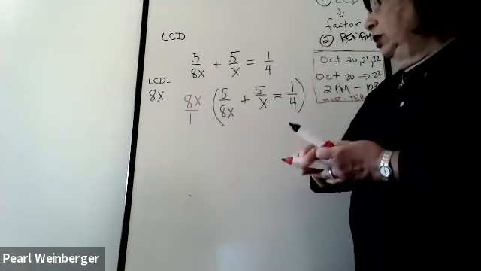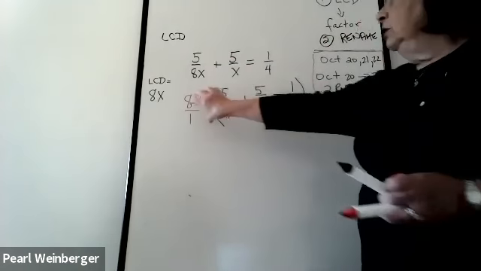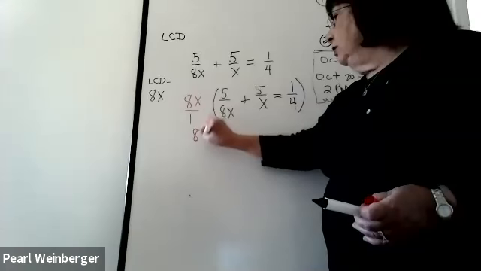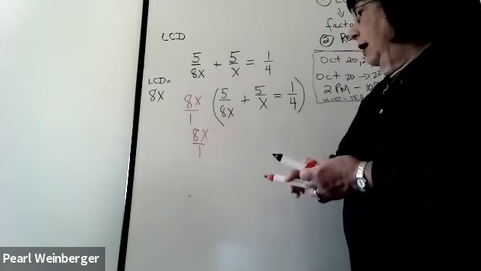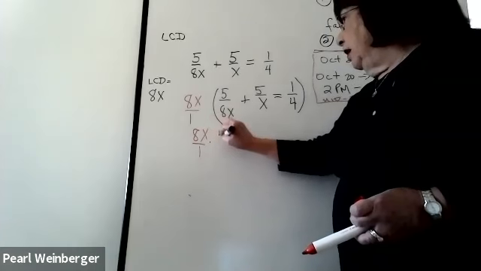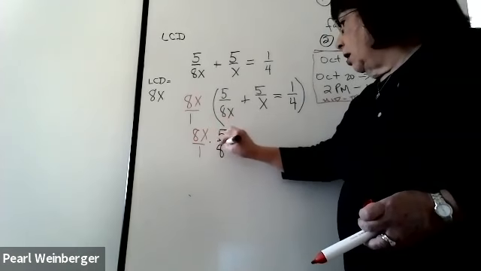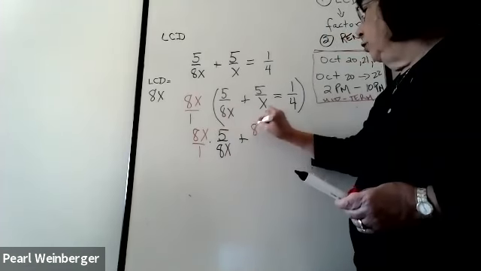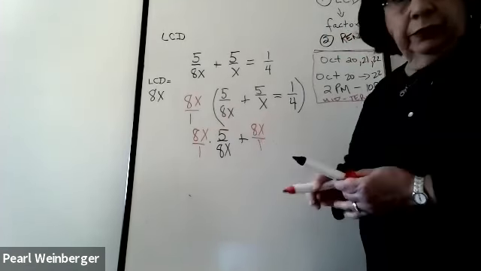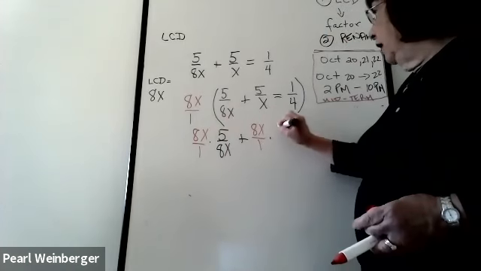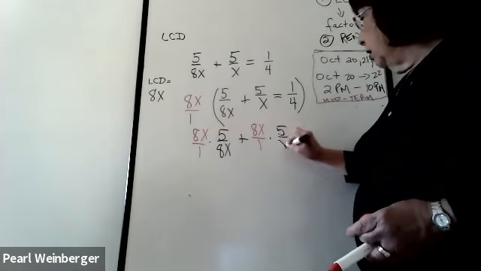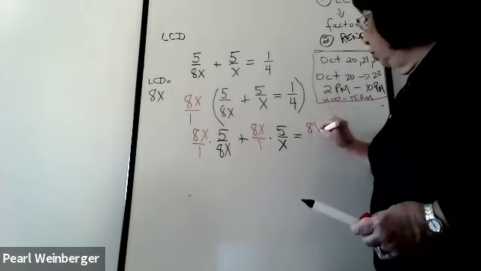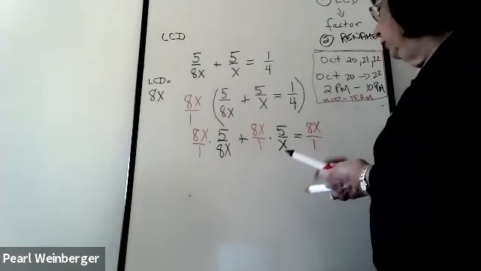Okay, in order to do this, we have to use the distributive property. We're going to take the 8x over 1 and multiply it by the 5 over 8x, plus the 8x over 1 times the 5 over x, equaling the 8x over 1 times the 1/4.